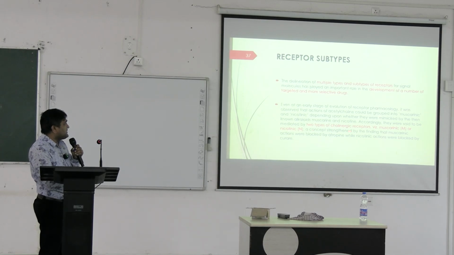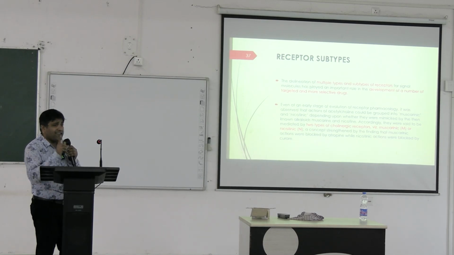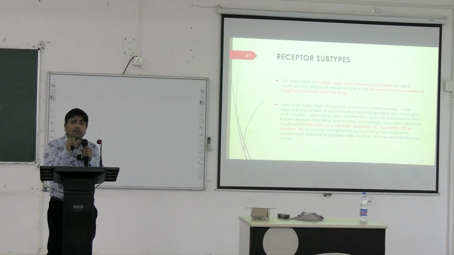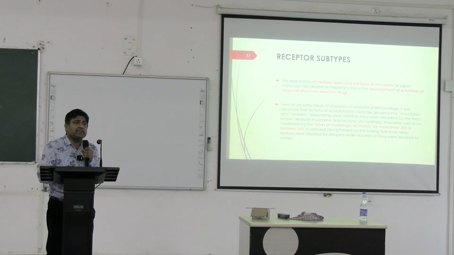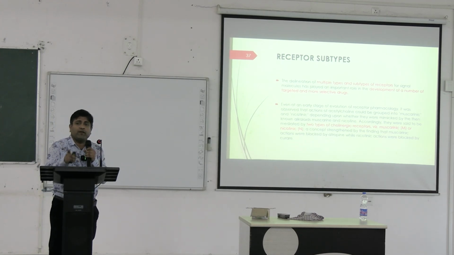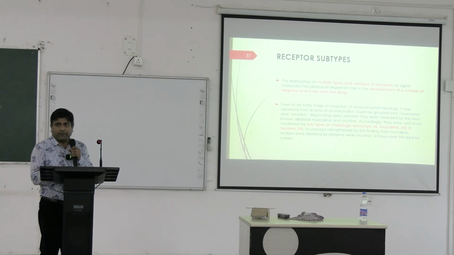A concept strengthened by the finding that muscarinic receptors, আমরা কিভাবে বুঝলাম কি দুটো রিসেপ্টর থাকে, because muscarinic receptors are blocked by atropine and nicotinic receptor actions are blocked by nicotine or curare.